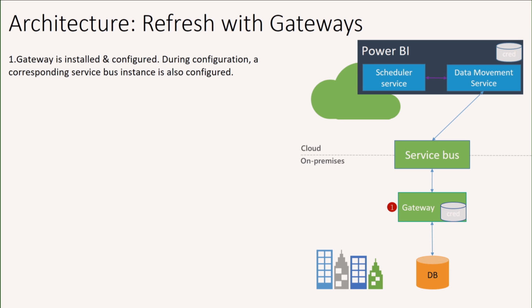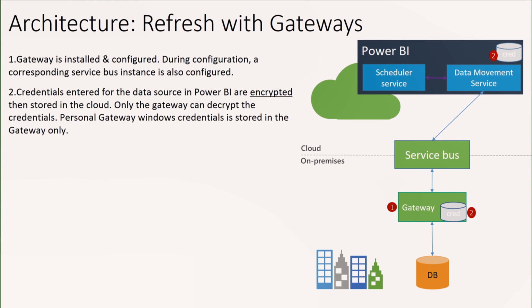Once it's configured, we ask you for a recovery key. That recovery key will be used to generate both a symmetric and asymmetric key that will be used to encrypt your credentials outside the on-premises and only decrypt them once they are on the gateway machine. So they never leave your on-premises environment decrypted.